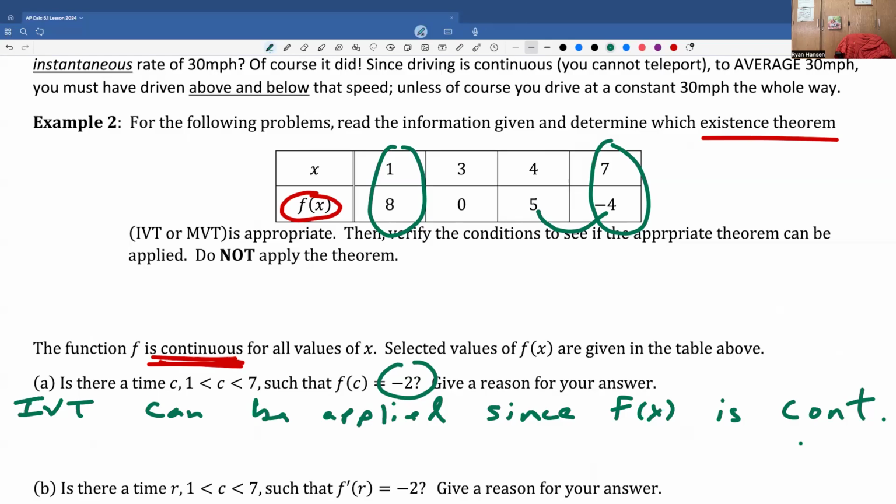So now we can say we are guaranteed some f of c equals -2 because why?